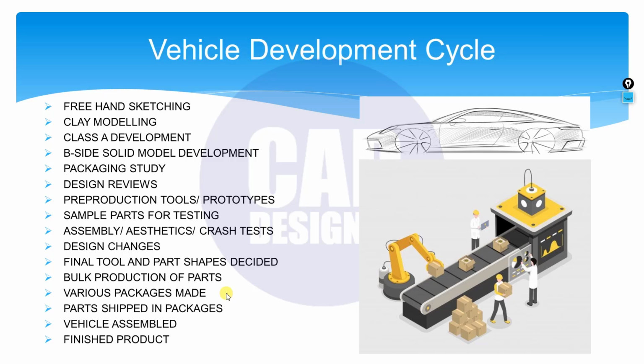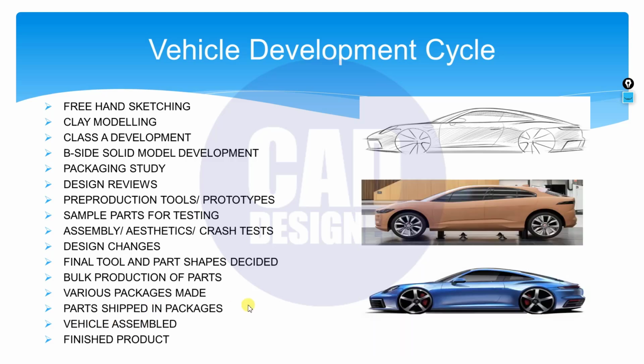So all the parts of the console are assembled with each other. All the parts of the door are assembled with each other. So they are separate packages: packages of the door panel, packages of the console. Whatever the different automotive components, their packages are made and shipped to the OEM.